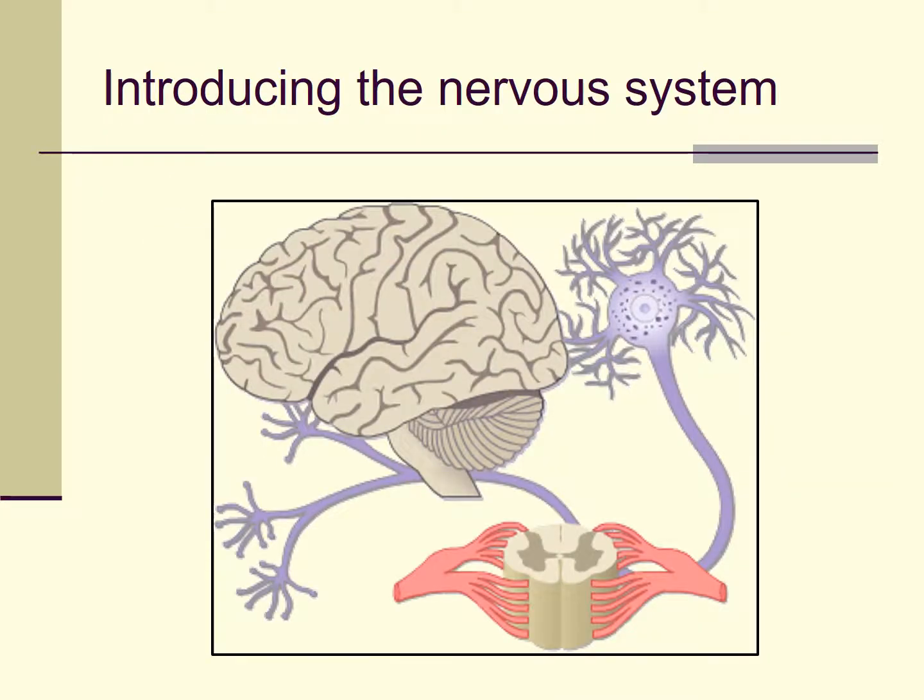Let's introduce the nervous system, which is a challenging thing to set out to do because, as many biology textbooks are fond of pointing out, the nervous system, especially the central nervous system and especially the brain within the central nervous system, is arguably the most complicated thing in the universe, or at least the most complicated thing that humans have found.